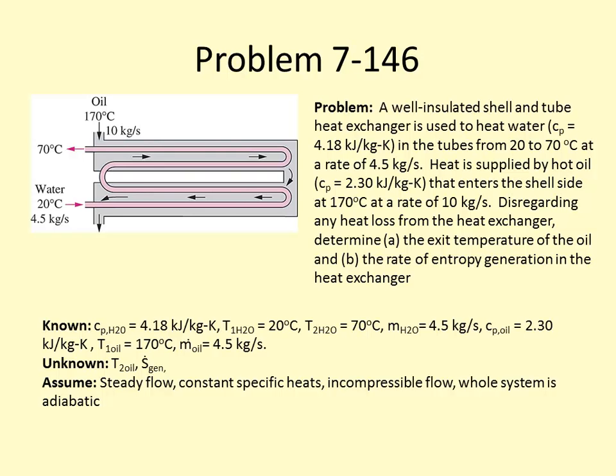And it heats it from 20 to 70 Celsius at a rate of 4.5 kilograms per second. Heat is supplied by hot oil, C sub P equals 2.3, that enters the shell side at 170 Celsius at a rate of 10 kilograms per second. So disregarding any heat loss from the heat exchanger, determine the exit temperature of the oil and then the rate of entropy generation in the heat exchanger.